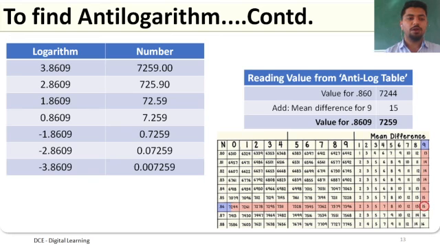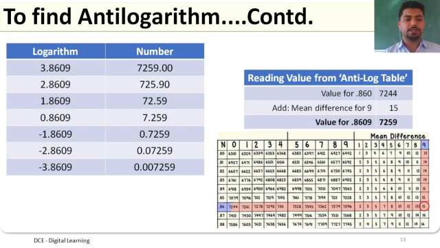Now we have to find the antilog value for, let us say, 3.8609. So ignore the characteristic for the time being and focus on the mantissa only. So the mantissa is 0.8609. So 0.86, locate the first two digits in the first column of the antilog table.